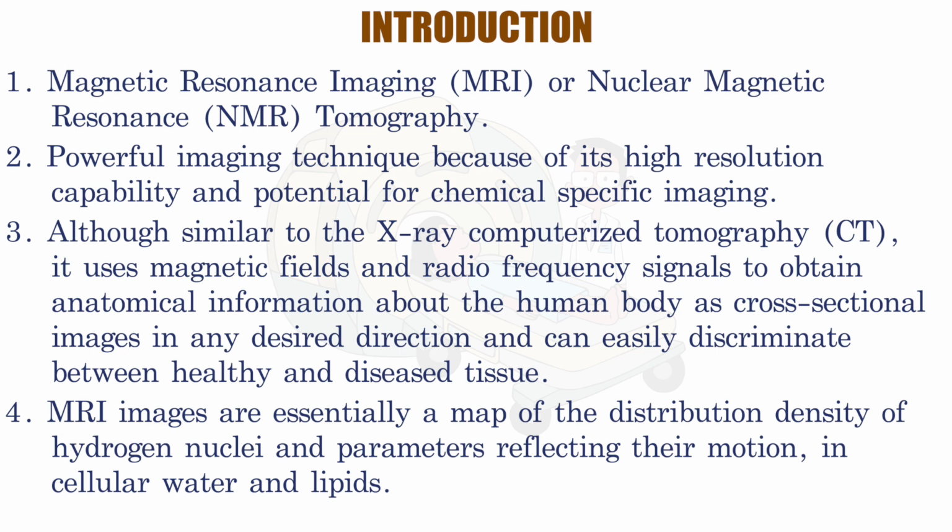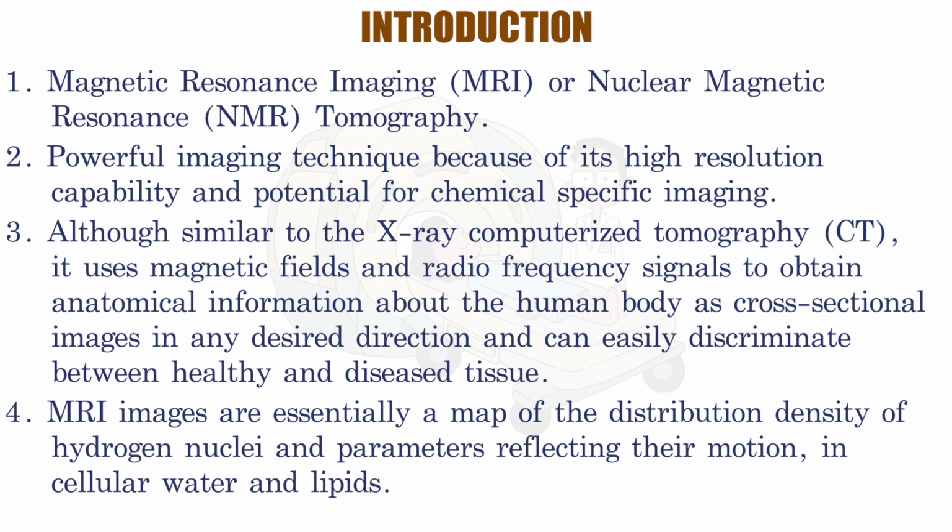Although similar to X-ray computerized tomography, CT, it uses magnetic fields and radio frequency signals to obtain anatomical information about the human body as cross-sectional images in any desired direction and can easily discriminate between healthy and diseased tissues.